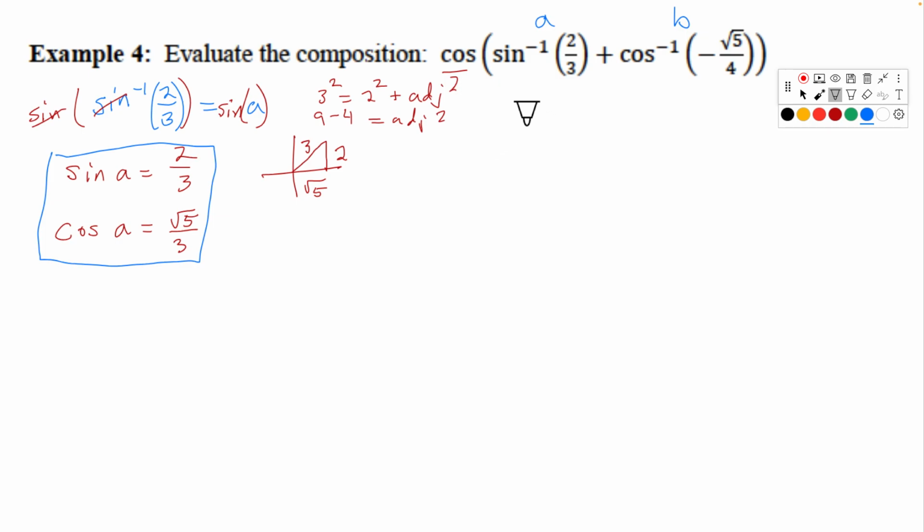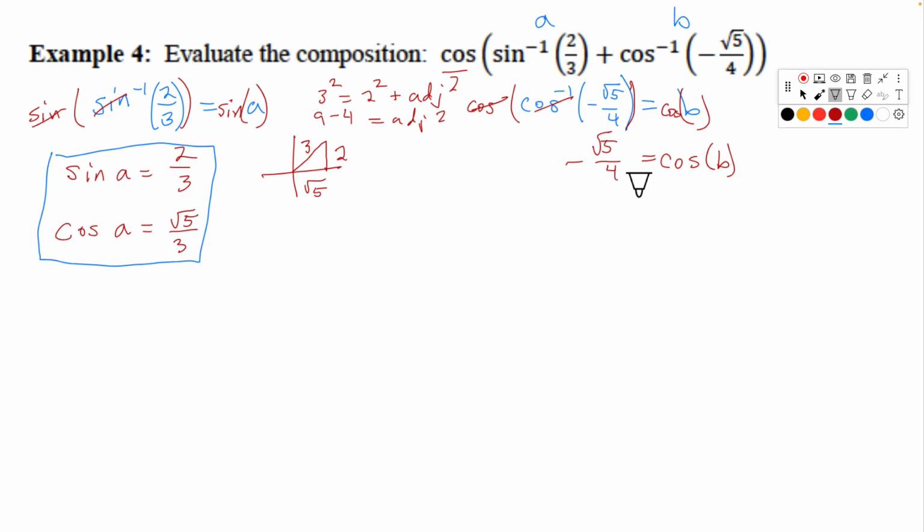So thinking of this, cosine inverse of negative square root of 5 over 4 is equal to B. We take the cosine of both sides. Gives us that cosine of B, and notice the cosine sort of cancels, is equal to negative square root of 5 over 4.